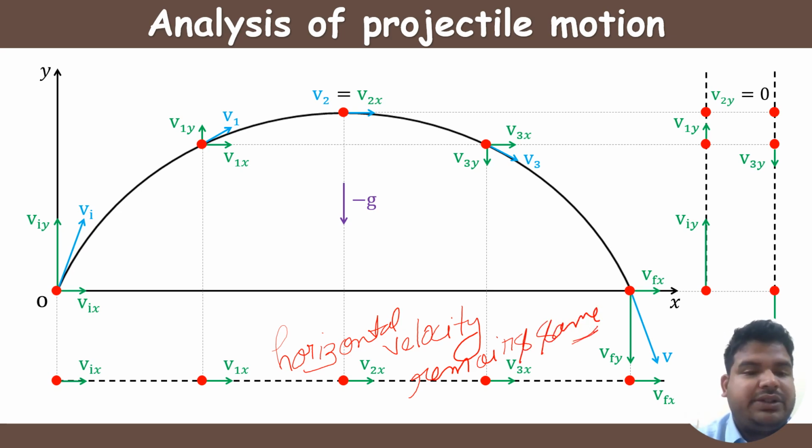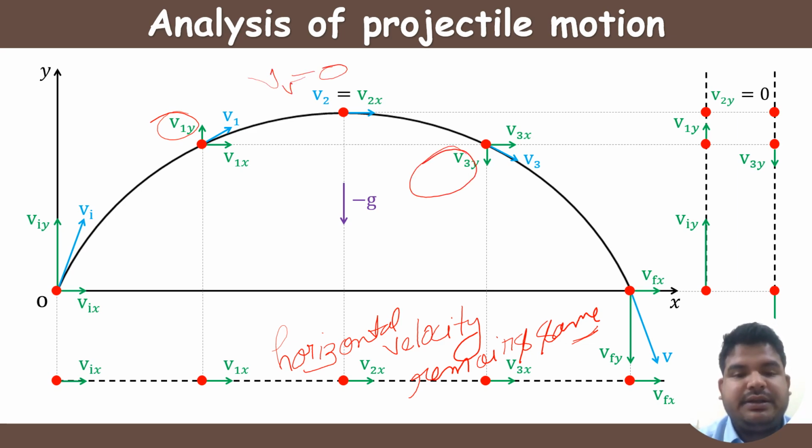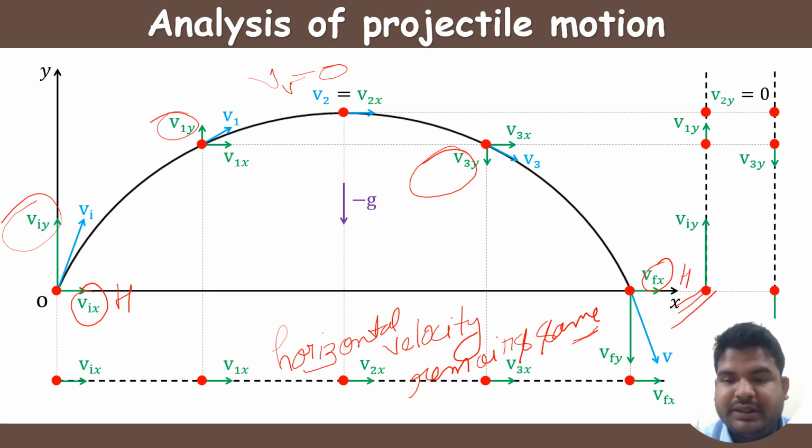Only the vertical velocity gets changed. See here it becomes zero here and here. The horizontal remains the same. You are getting my point? Let us move to the next slide.